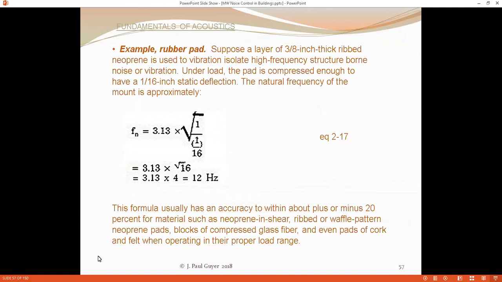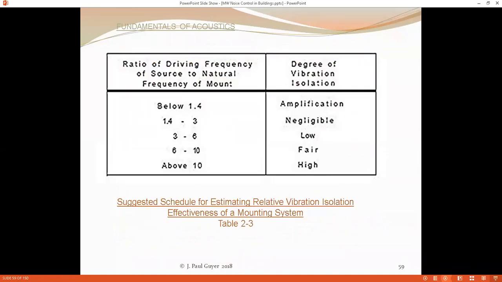Again, the vibration isolator can be something as simple as a rubber pad. What matters is how close your forcing frequency is to the natural frequency of the spring isolators.